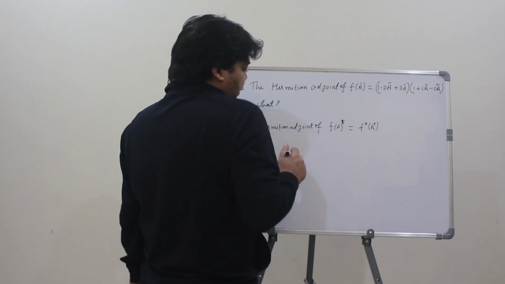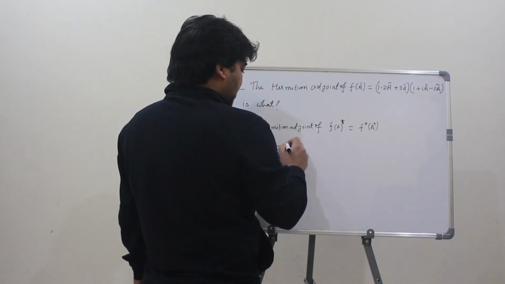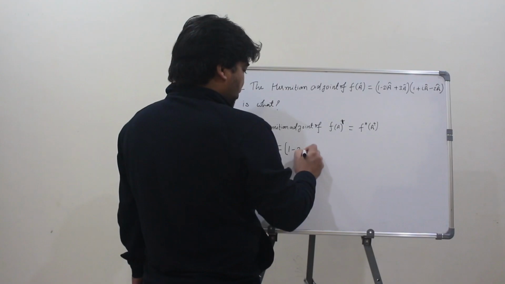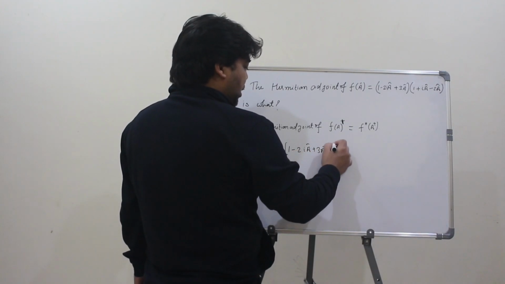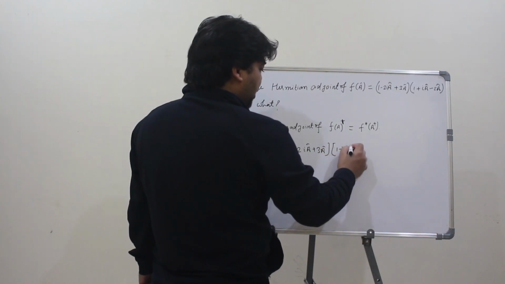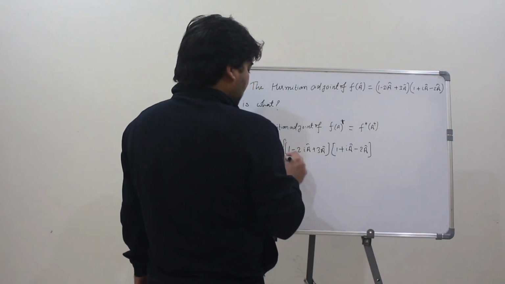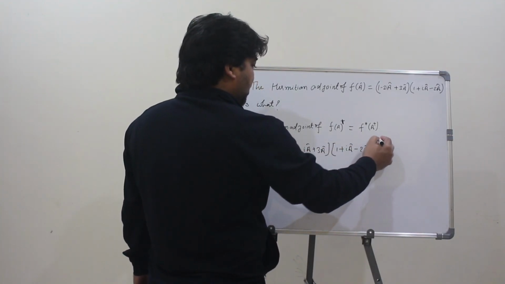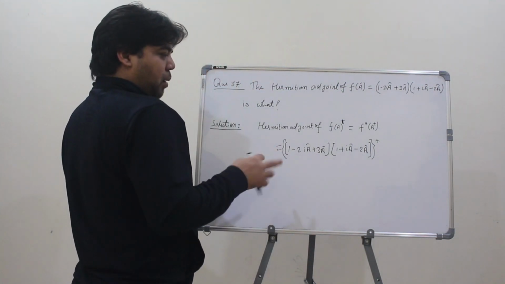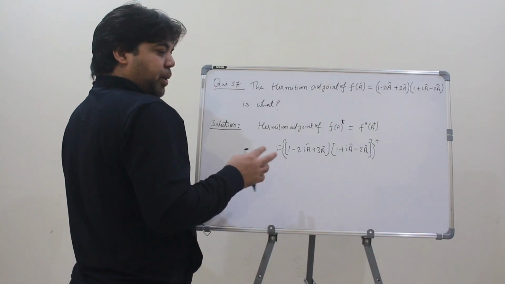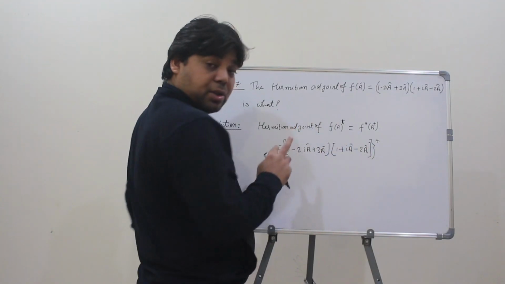Now remember that when we are taking the dagger of 1 minus 2i a plus 3a-cap, and then 1 plus i a-cap minus 2a-cap, this complete thing is in a bracket and we take the dagger. Remember that for the product of two matrices or operators, when their Hermitian conjugate is taken, the order will exchange, right?